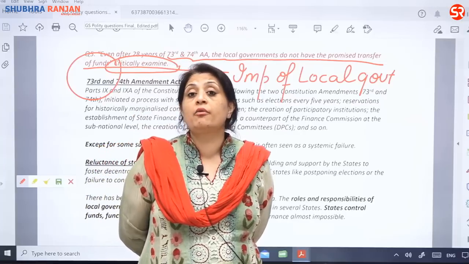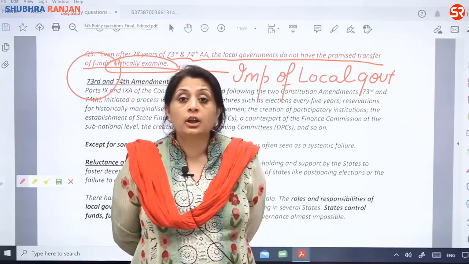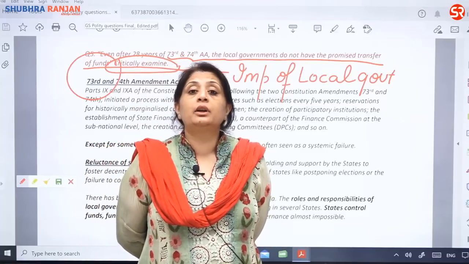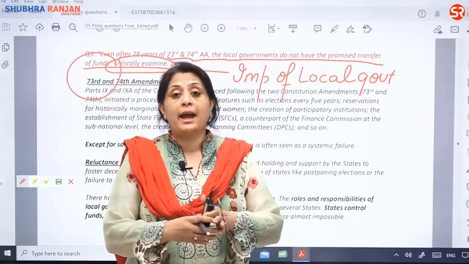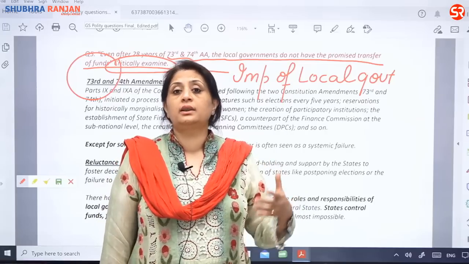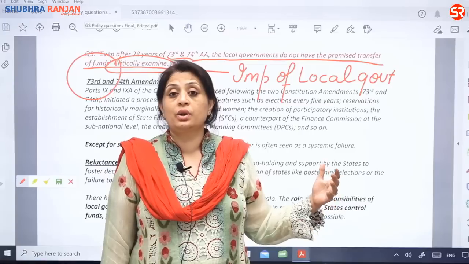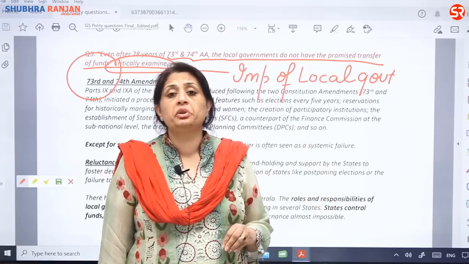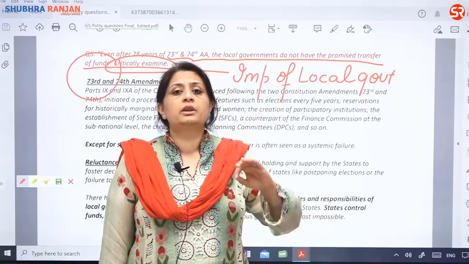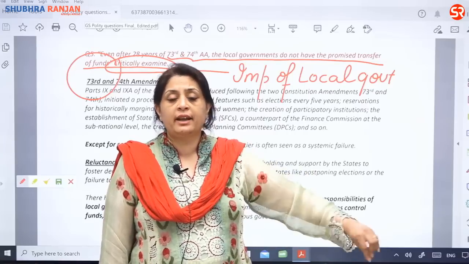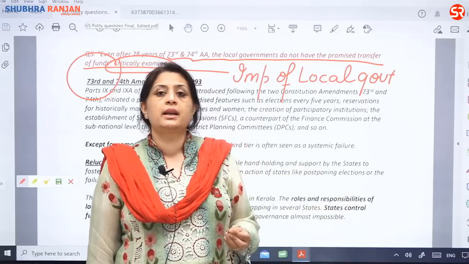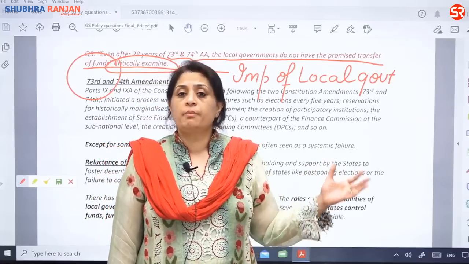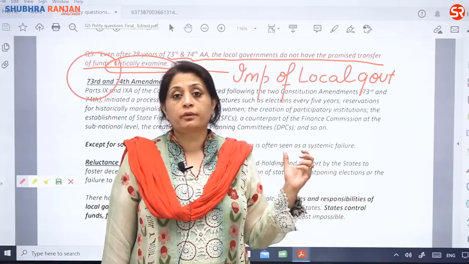They are primarily dependent on devolved funds, and they do not have enough of their own funds. The situation of municipalities is better, but the situation of panchayats is very bad. In certain states like Bihar and UP, they are almost entirely dependent on devolved funds.